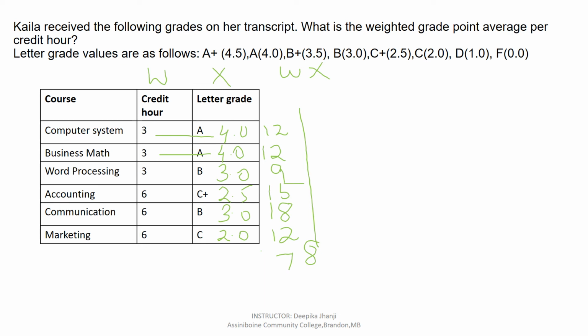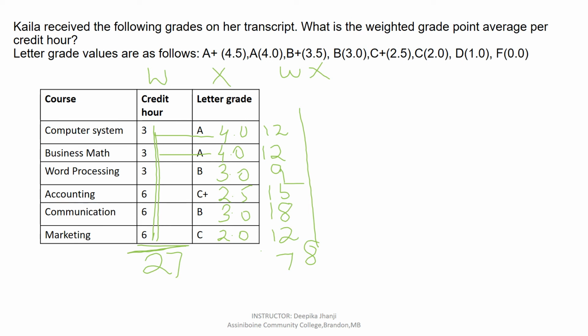Now you need the column of W's as well. So when you add this column, you get 27 here, right? That is the total of all the credit hours. So this is 27.